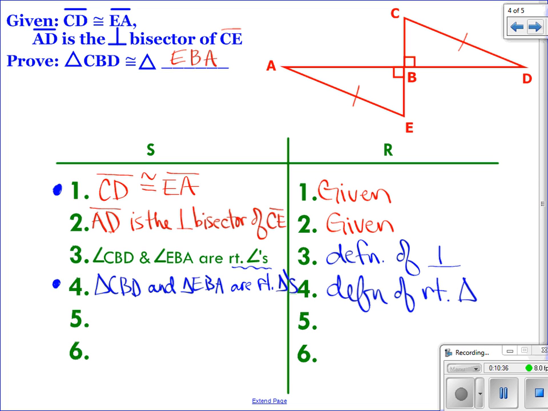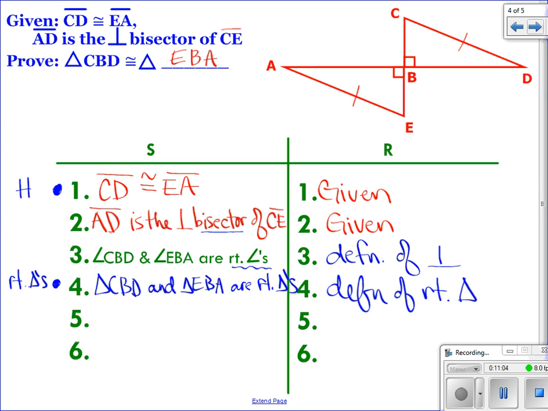So let's look at what we're missing. We have right triangles. What are these on the picture? They are the congruent hypotenuses. So what are we missing? The congruent legs. Let's look at this one because there's a little bit more information we could steal from this sentence.